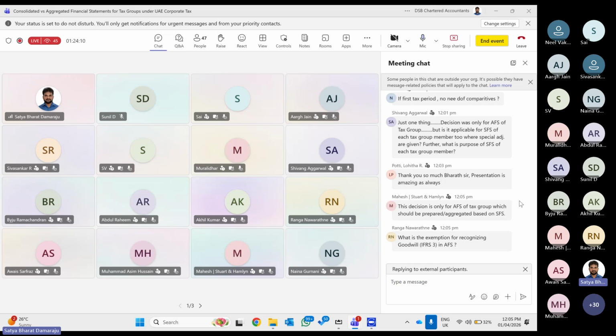If while you are preparing the SFS, some IFRS or IAS says you cannot prepare it that way, then ignore that standard. You prepare the SFS in the way that FTA Decision 7 of 2025 has given. Okay, so the decision is not only for AFS, they're also taking a step back and they want us to make sure the raw material which we are using for the AFS is also clear and clean.